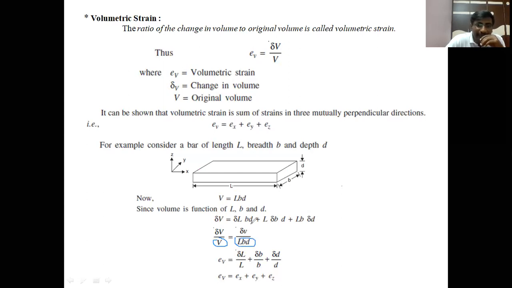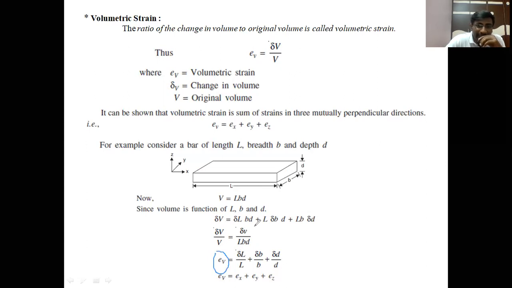If we divide by the volume on both sides, on the left hand side we get delta V by V. Delta V by V is called the volumetric strain. We can represent it as EV, the volumetric strain, on the left hand side.